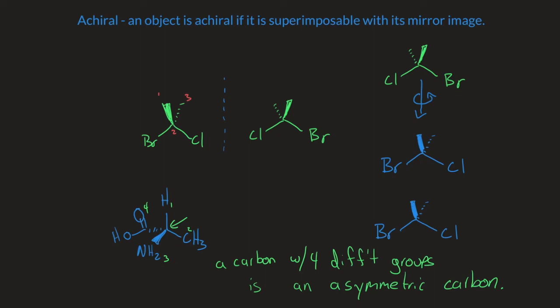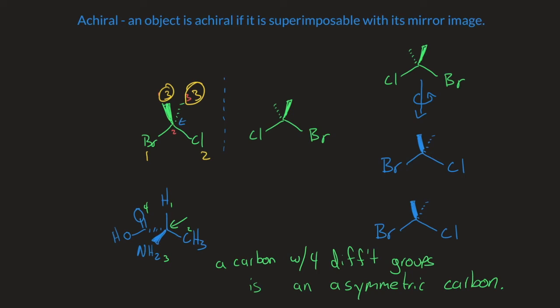Most molecules that have an asymmetric carbon are chiral, and most molecules that do not have an asymmetric carbon are achiral. So if we look at 2-bromo-2-chloropropane, the carbon in the center here only has 1, 2, 3 different groups, because this group here and here are both methyl groups.